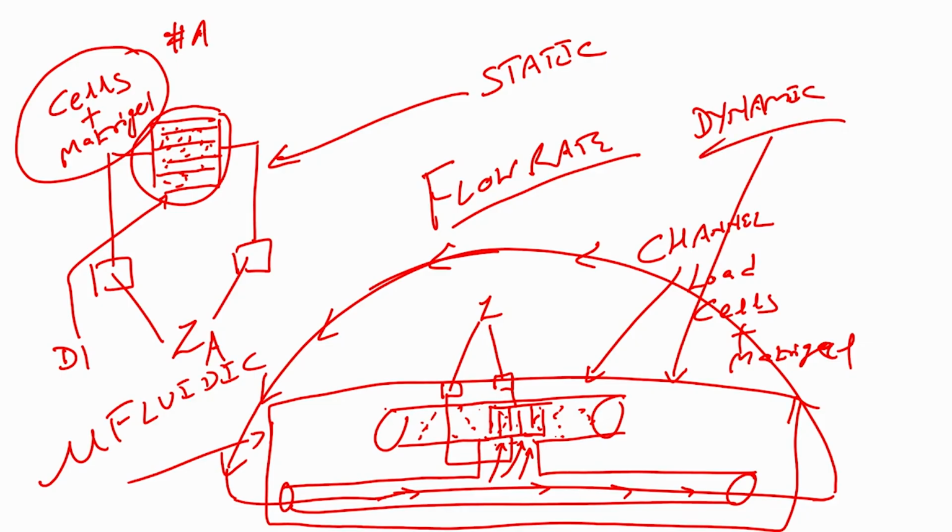Here I can see the change in impedance when the drug is killing the cells. In the static platform also I can see the change in impedance when the drug is effective, but the dynamic platform is close to the in vivo situation inside the body.